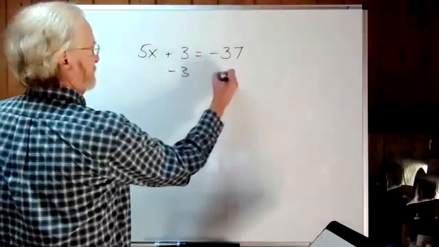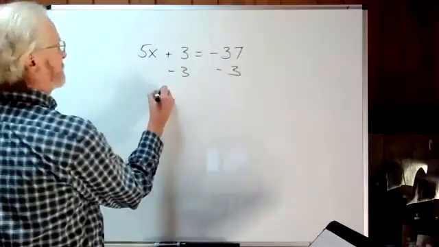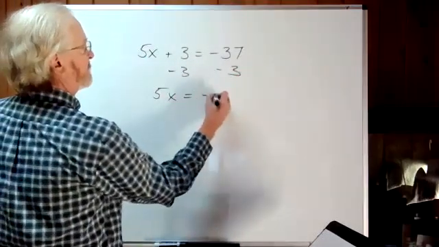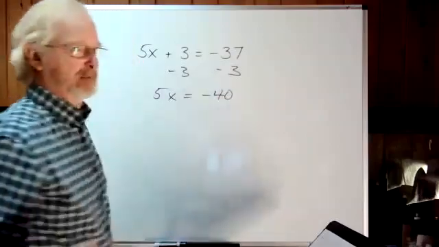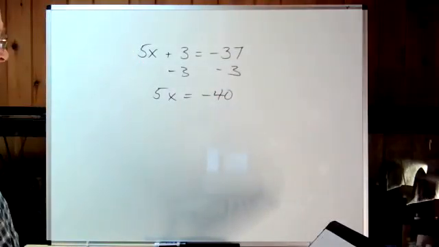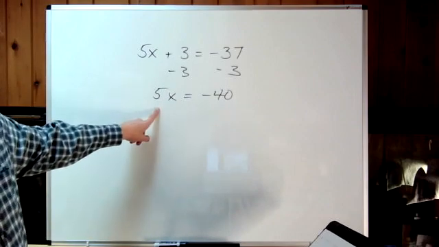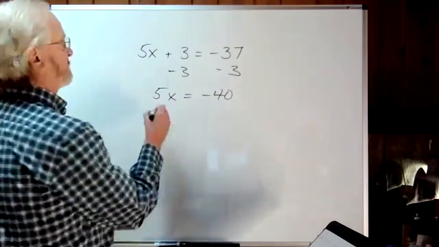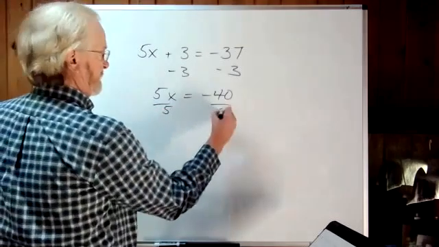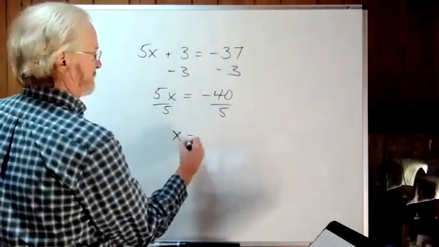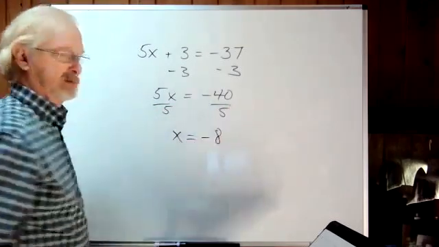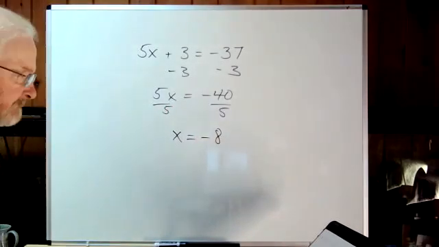Whatever you do, you have to do to both sides. It just happens to be a negative number again, like the last example. So now to get 1x, I'm going to divide by 5 on both sides. So I get my -8.